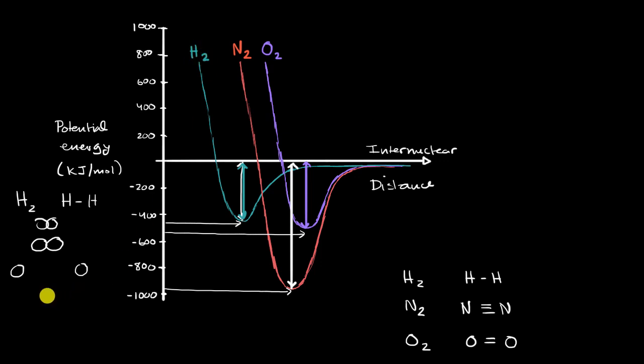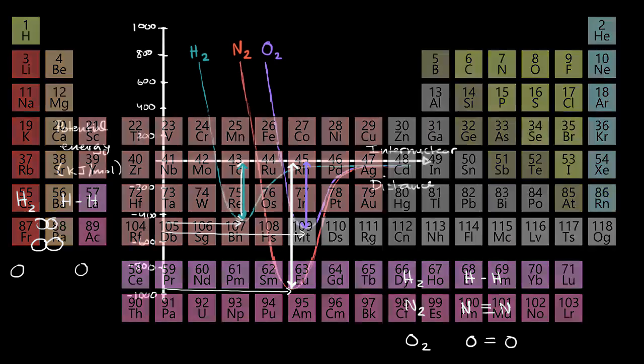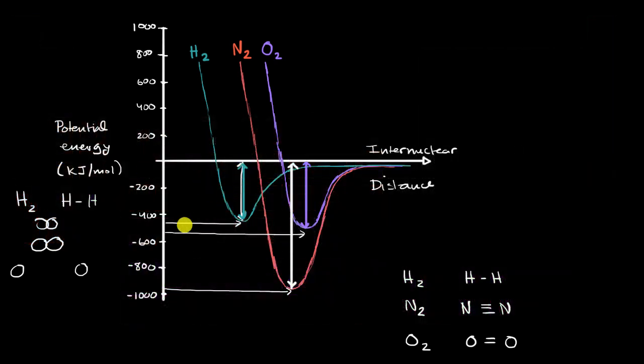But let's also think about the radii of these atoms. If we get a periodic table of elements here, we can see that hydrogen only has one electron in that first shell, and so it's going to be the smallest. So that makes sense over here that your distance where you have the lowest potential energy is shortest for the diatomic molecule that's made up of the smallest atoms.